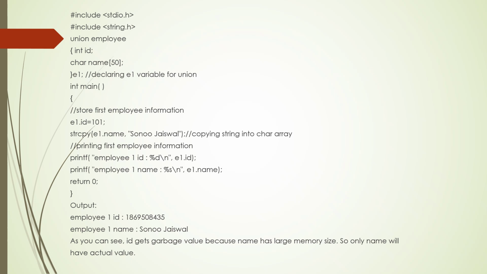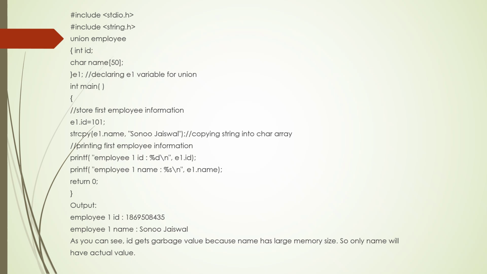So when to use unions and when to use structures in C? In C programming, both structures and unions are used to group different data types, but they are used in different situations. When to use structures: use a structure when you need to store multiple values at the same time.